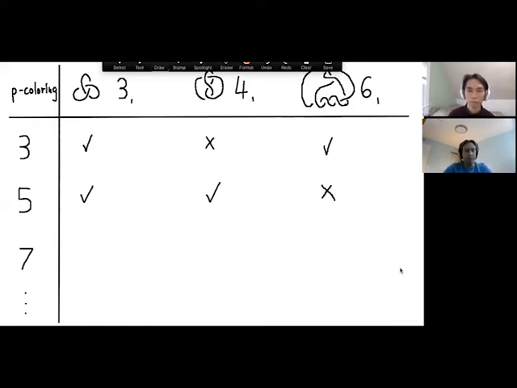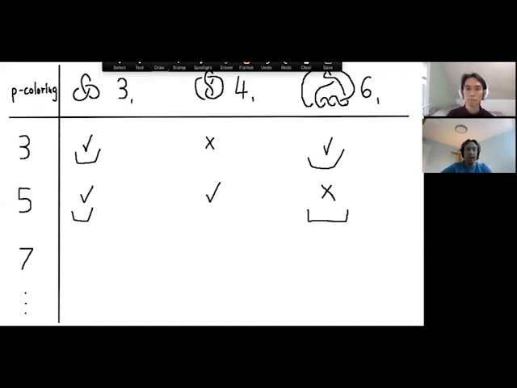Well, before we thought that maybe the trefoil and the 6-1 knot were the same, but now looking at 5-colorability, we know that they have to be different. And this actually begs a more general rule to distinguish any two knots.